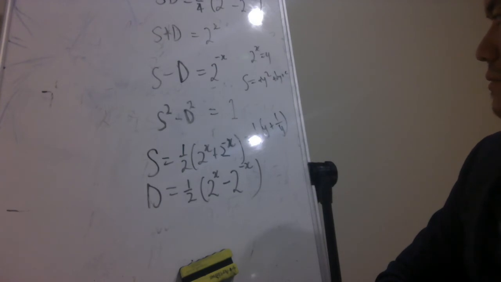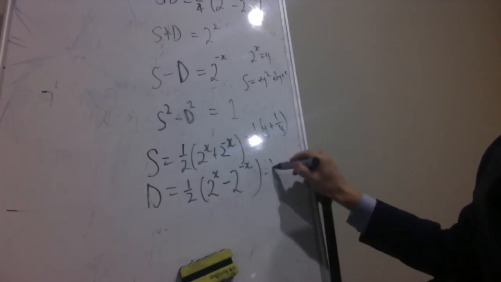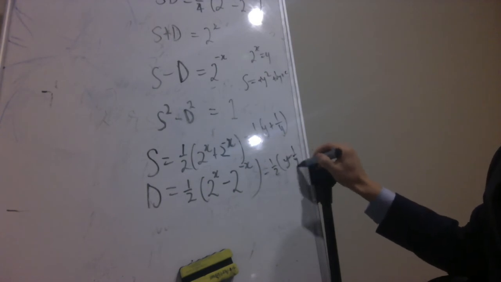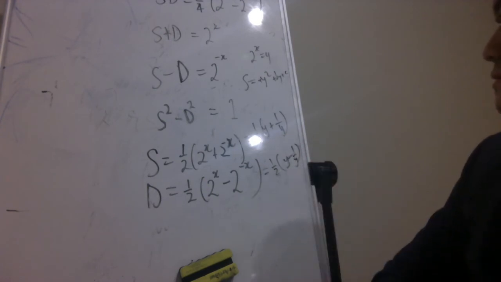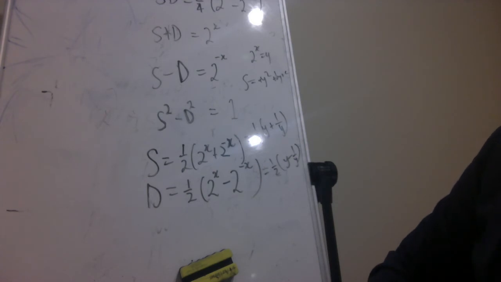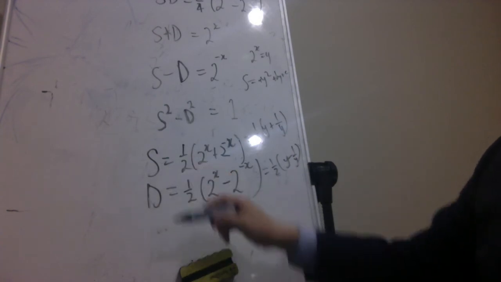I don't know what they... It's a quadratic. That doesn't really make any sense. This is half y minus 1 on y. Or maybe they want the quadratic equation. Oh, so we're allowed to use s and d as coefficients.